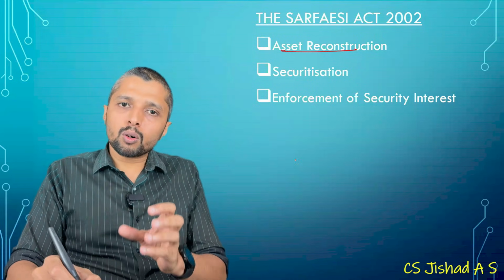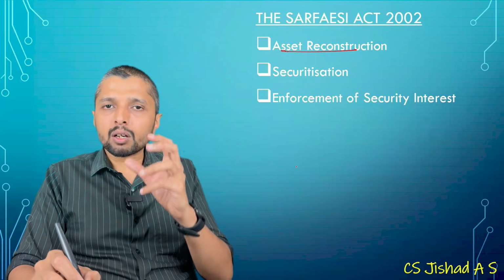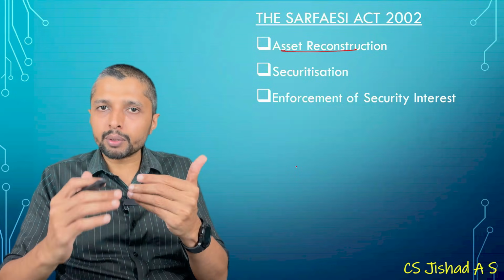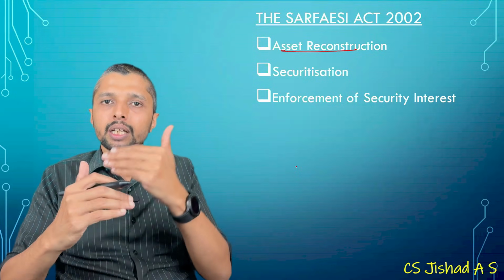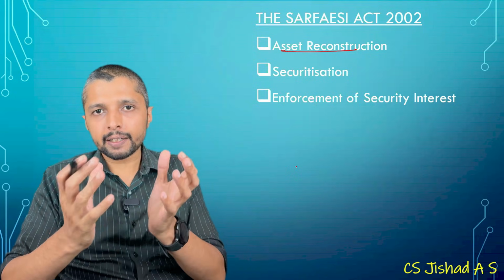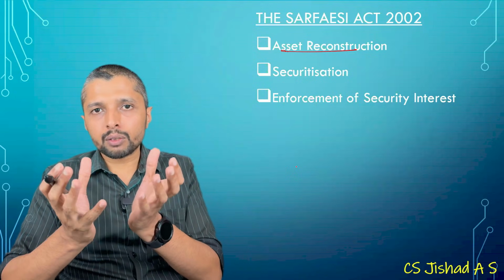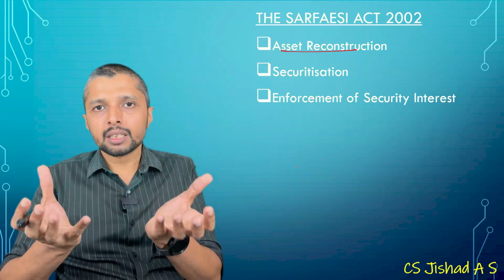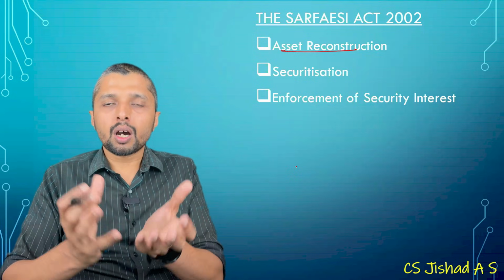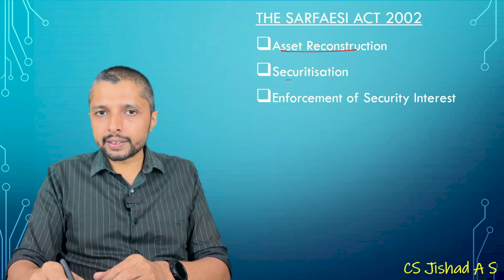Okay, now the asset reconstruction company will change the scenario into an investment opportunity. Like that, the asset reconstruction company will accept deposits from qualified buyers, which is known as securitization.